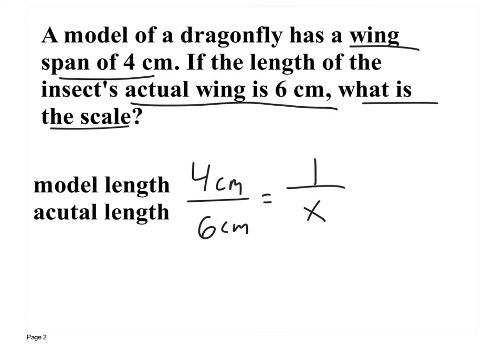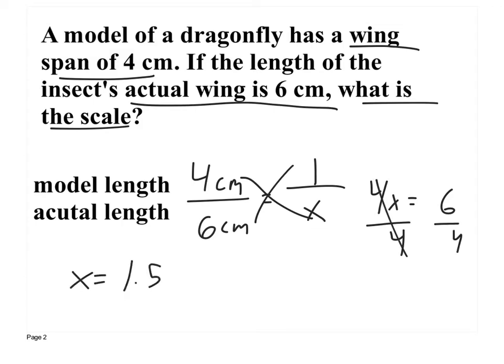I find x by cross multiplying, getting 4x is equal to 6, which when I divide by 4, I find that x is equal to 1.5 centimeters. But that's not my answer. That is just what x is. My answer is actually what is the scale, which is 1 centimeter to 1.5 centimeters.